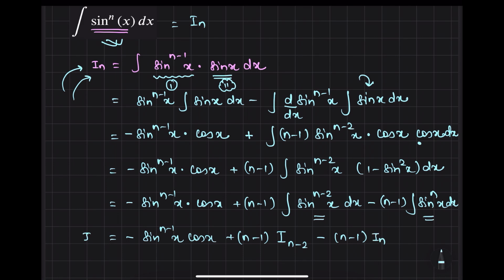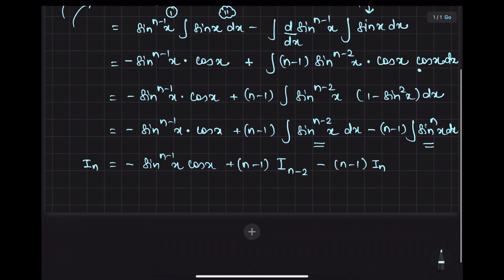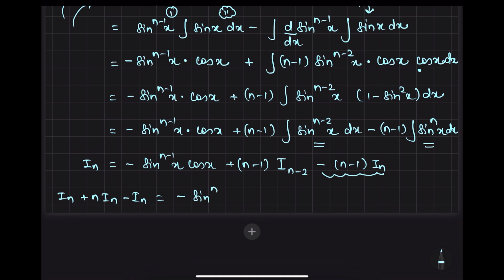Now this is also I n. So to simplify this, I will bring this to the left hand side. So we will have I n plus n minus 1 times I n, minus I n, is equal to minus sine n minus 1 x cos x plus n minus 1 I n minus 2.